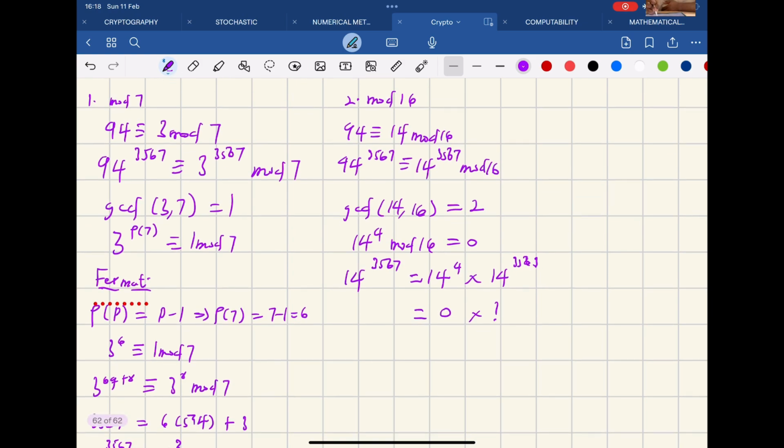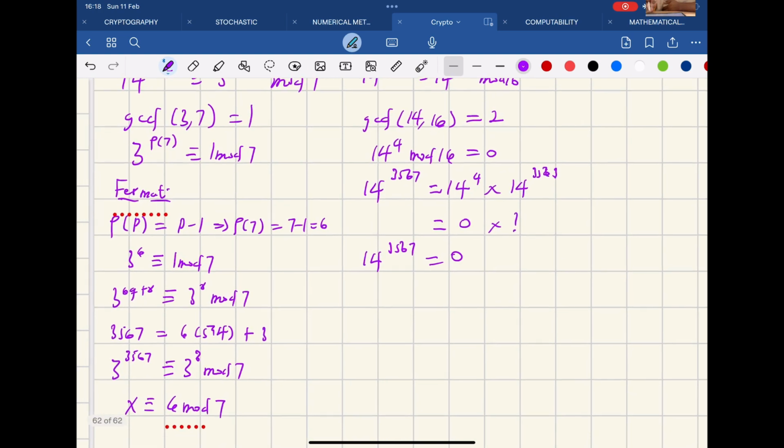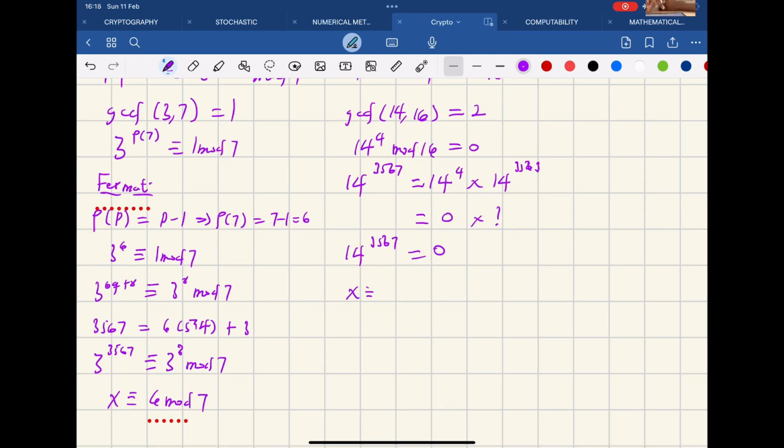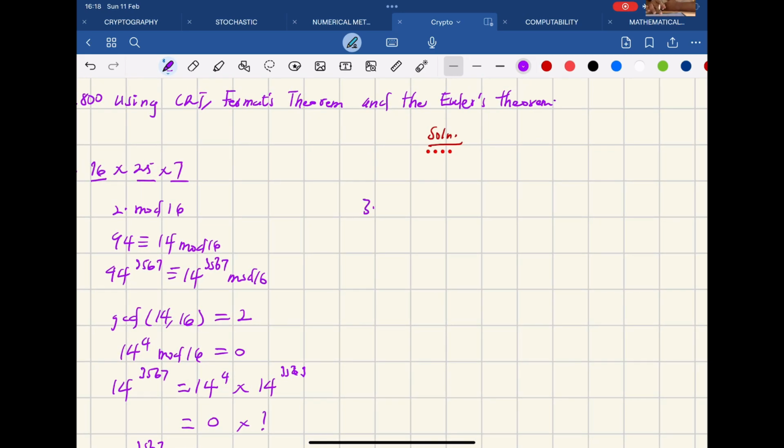So 14 exponent 3567 is equal to 0. Our second congruence is 0 mod 16.